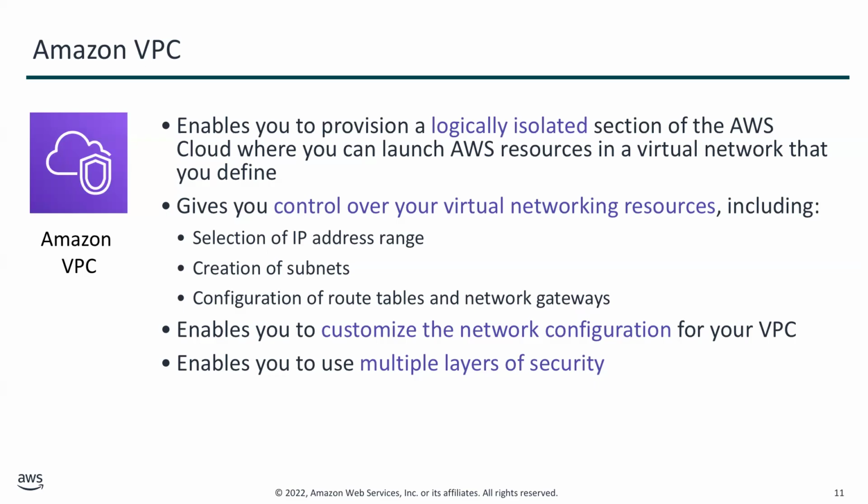We can configure and create subnetworks, or in other words, subnets, within that network, or cloud, or VPC in Amazon terms, right? And we can also configure route tables and network gateways, both of which are actually used to route traffic.